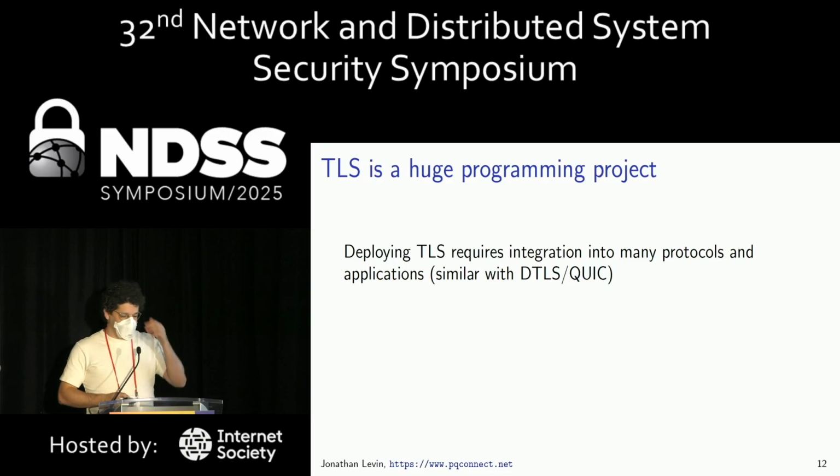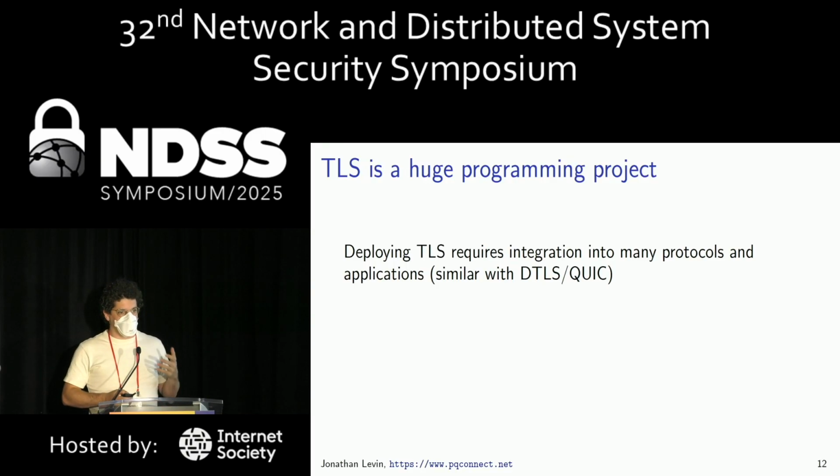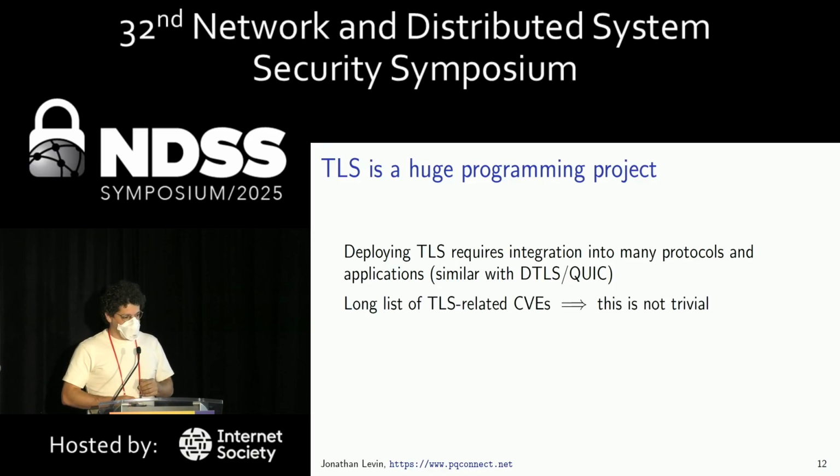So what's the point of that? I mention all of this just to highlight that TLS is a really big programming project. If you want to deploy TLS at scale, you need to integrate it into many protocols and even more applications. And this applies not just to TLS, but also to QUIC and DTLS and anything else at the transport layer.